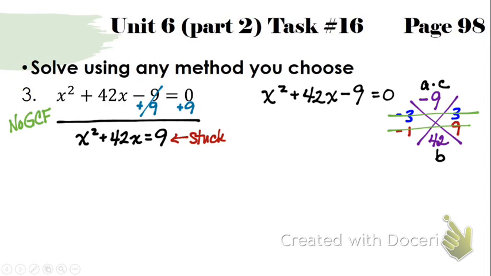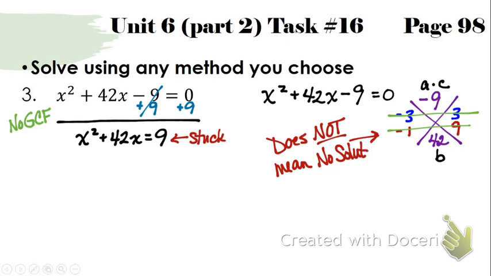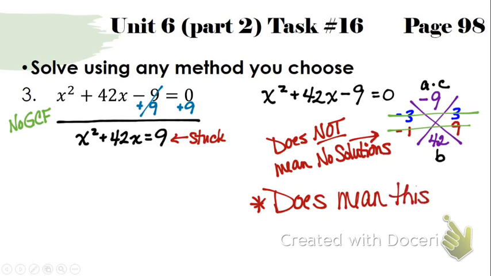It just means this method isn't going to work here. 42. That's cool. So it does mean, ladies, please, this method won't work.